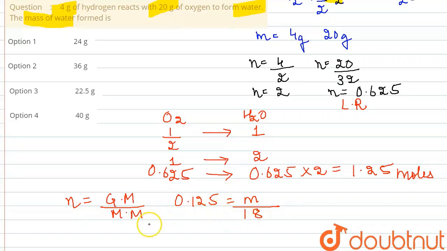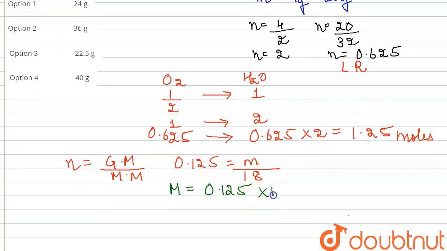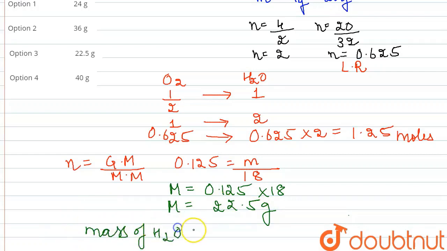Right, so we are going to multiply this value and we are going to get the given mass of water here. So given mass will be equal to 1.25 into 18. So the value will come out to be how much? The value will come out to be 22.5 grams.